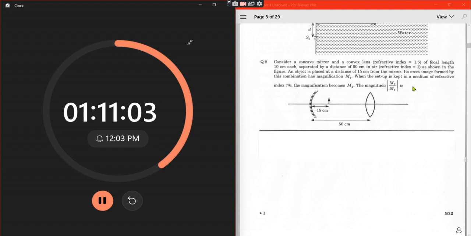So magnification is equal to 1 upon 1 plus u times the power, basically. Yeah, it's proportional to that. Okay, let's see what happens to the power. First we have to find u. What is u? Wait, I'm not sure. I mean, yeah, what could go wrong?